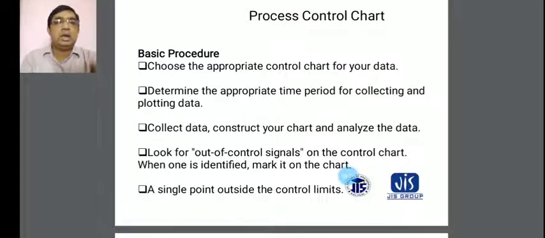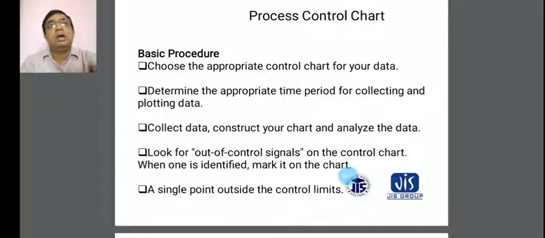Basically, a lot of data is available in different types of industry: what your production date is, what defects arise, and what sampling is done, for example out of 10, one sample is picked up. This data is available in the manufacturing units.